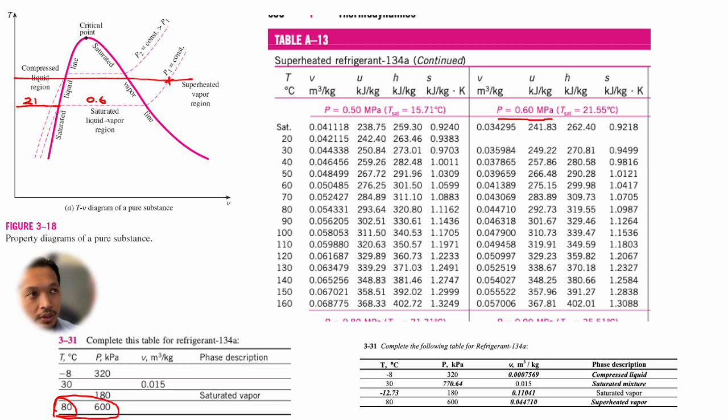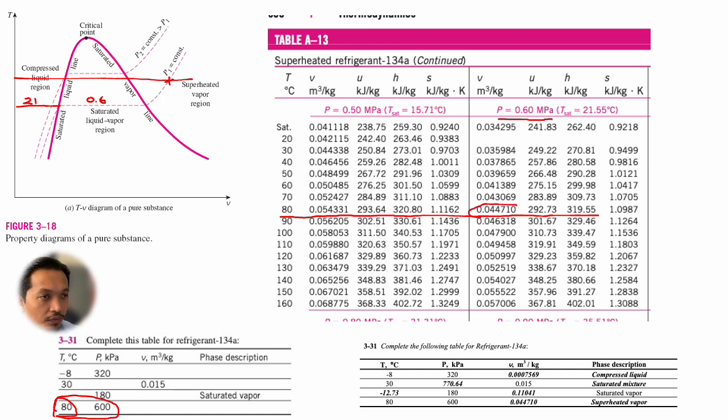So we turn to table A-13, which is for superheated refrigerant R134A, and then you go to this side. We know it's at 0.6 megapascal, and the corresponding temperature is 80. So you just make a line like that, and here we are looking for the specific volume.